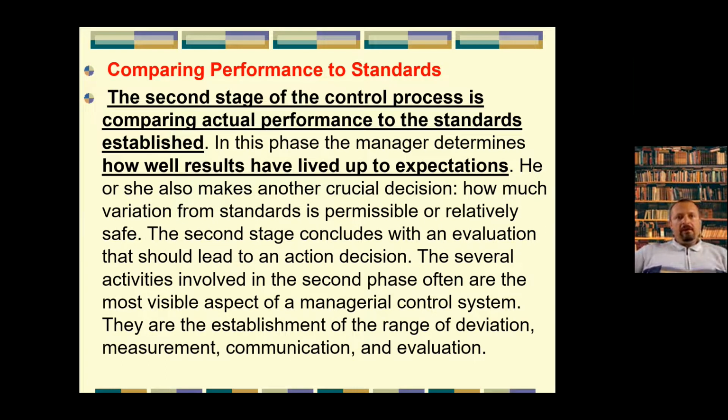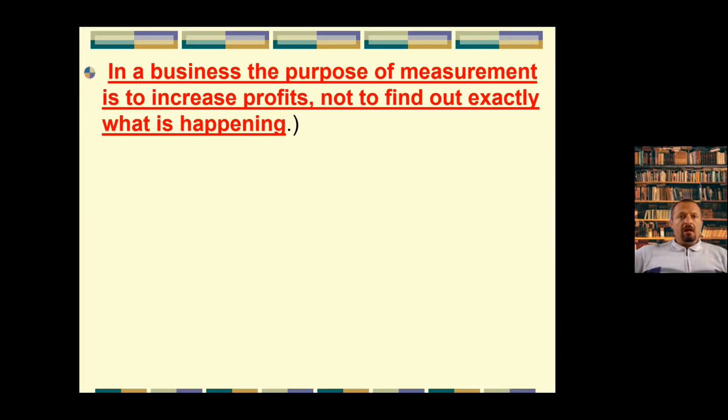And comparing performance to standards, at this second stage you are just comparing the results with your strategy, with your planned results. Generally, you have to understand that you have to increase profit, and you don't need to know everything about everything.